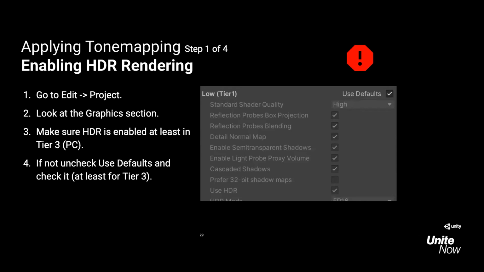Before discussing how different tone mappers work and how they bring colors back to the 0 to 1 range, first, just to be sure, it's usually set up like this, but let's see how we can enable HDR in our project, or at least check if it's already enabled. You can go to Edit, Project Settings, go to the Graphics section, and in the tiers options, you need to see if Use HDR is checked.